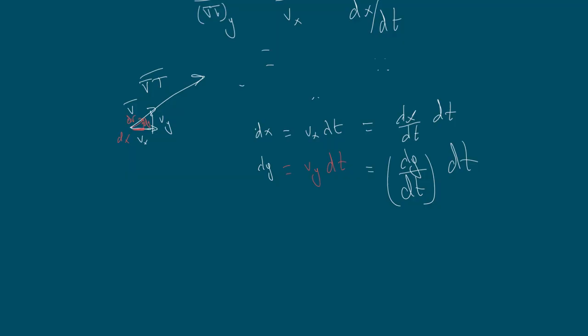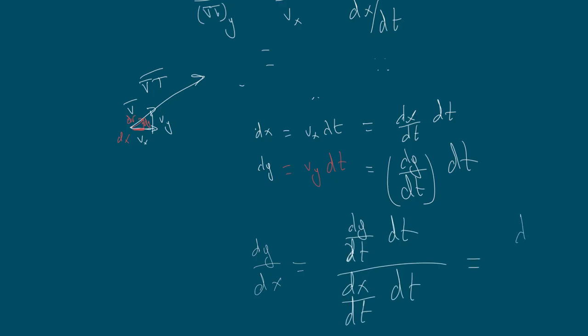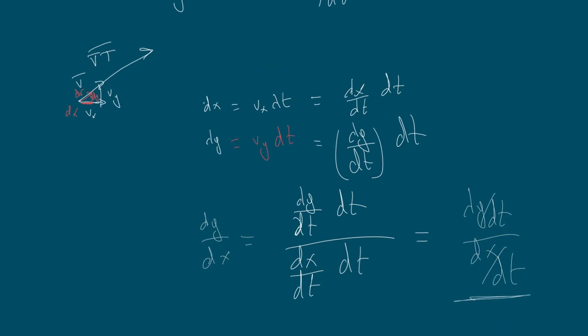And if you divide dy by dx, it will be dy/dt divided by dx/dt. What I have said is that this quotient is the same quotient as dy/dx.